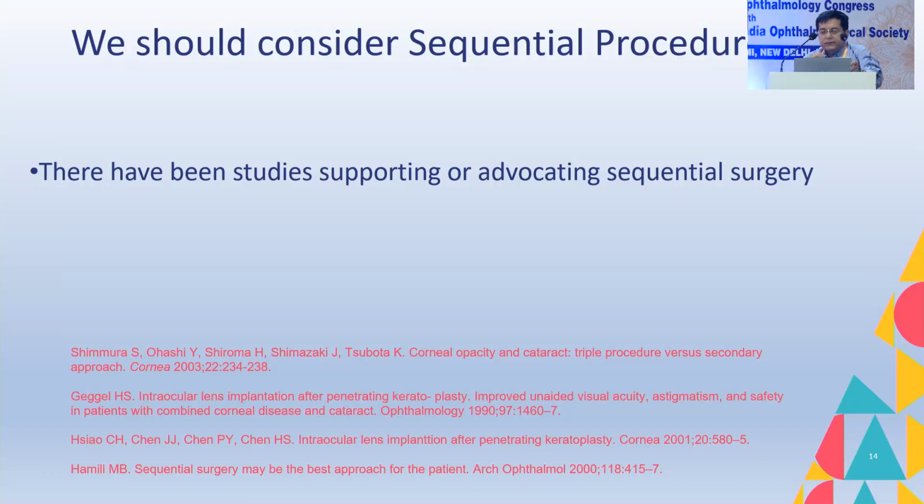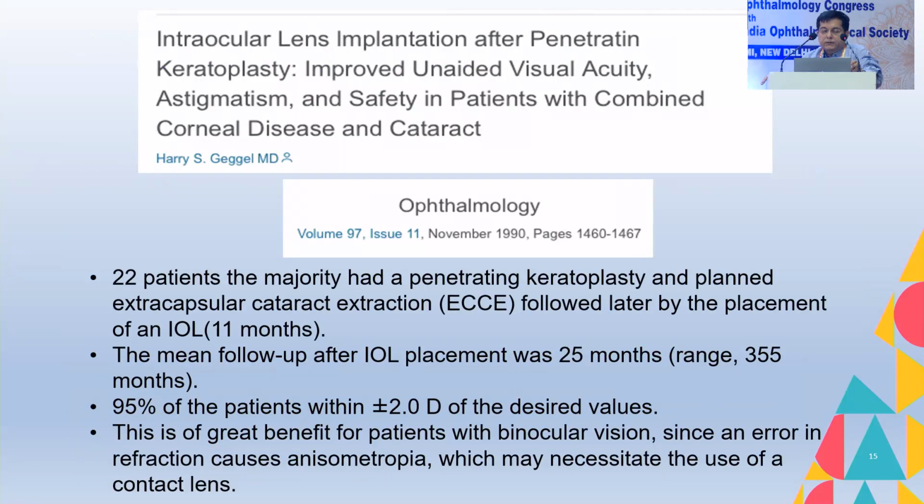But I believe that now the time has come to shift to a sequential procedure, which would give us a much better refractive outcome. In this particular study, they studied 22 patients where PK was done, along with the ECC, but the patient was left aphakic, and the IOL was implanted later on once the K reading had stabilized.